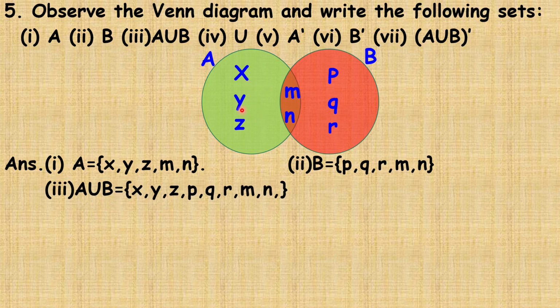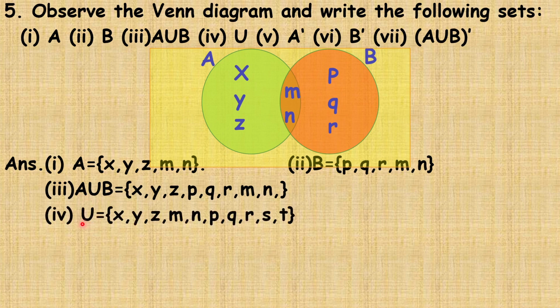That is, X, Y, Z, P, Q, R, M, N are the elements of A union B. All the elements of set A and set B are the elements of A union B. Then the universal set.